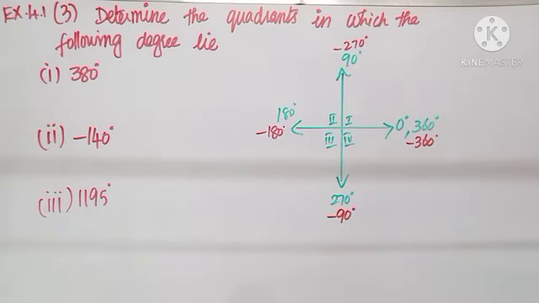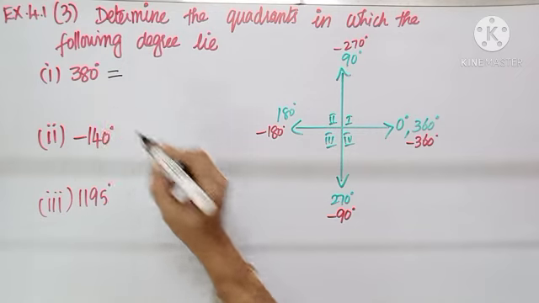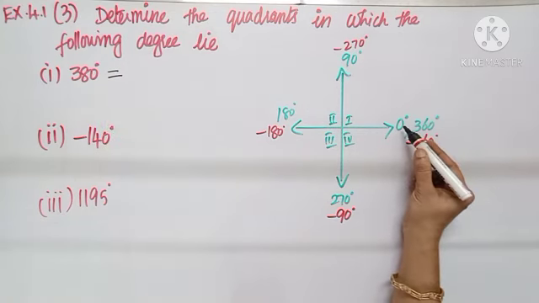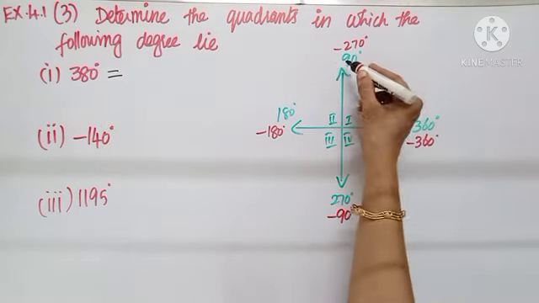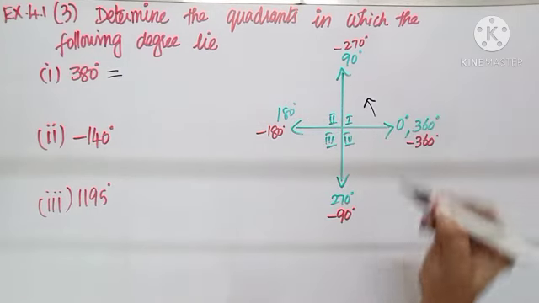Exercise 4.1, question number 3. Determine the quadrants in which the following degrees lie. 380 degrees. It is more than 360. We started here 0, 90, 180, 270, 360, anti-clockwise direction.